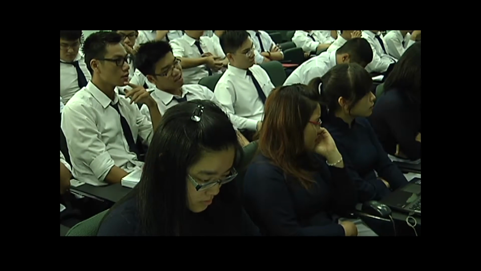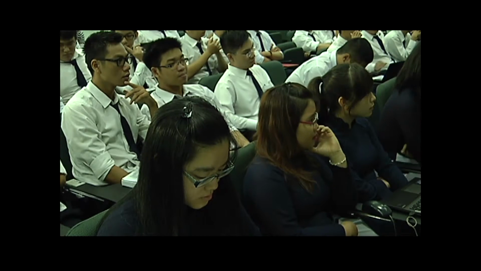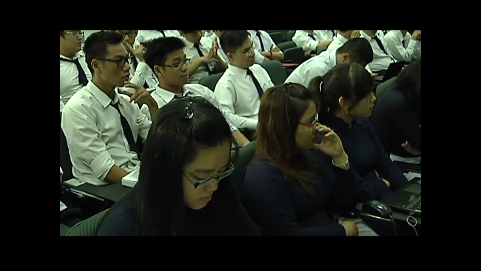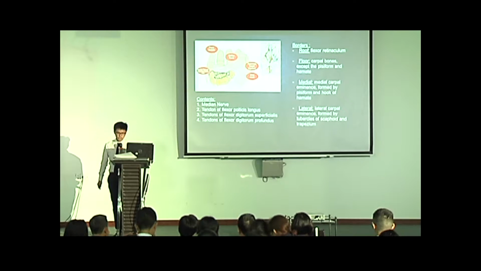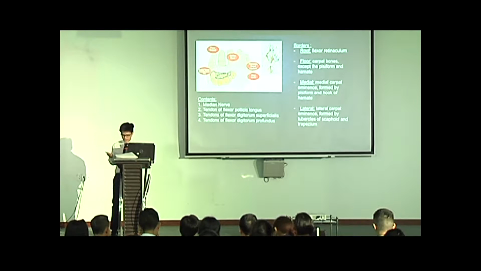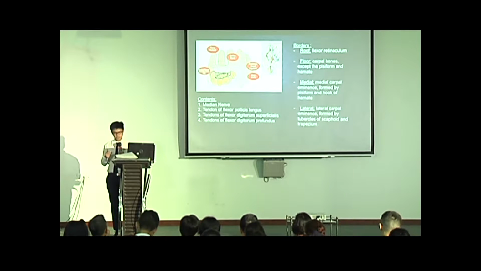The first is the radial scaphoid column, consisting of the scaphoid, trapezium, and trapezoid. The second is the lunate column, consisting of the lunate and capitate. The third is the ulnar triquetral column, consisting of the triquetrum and the hamate.